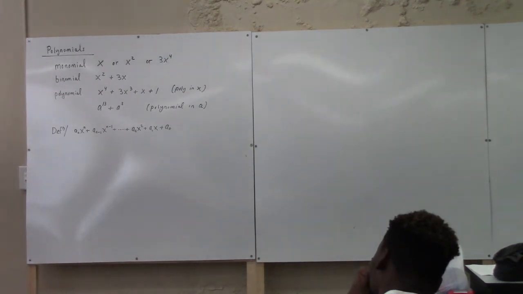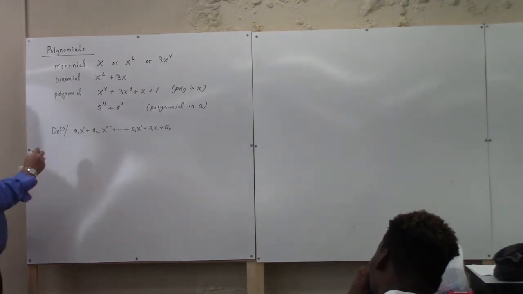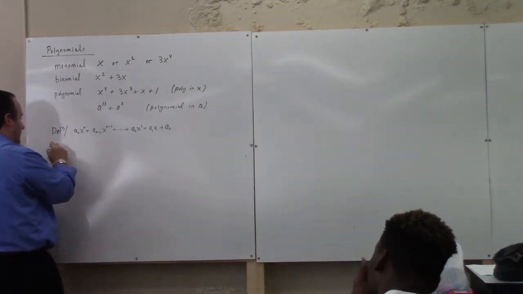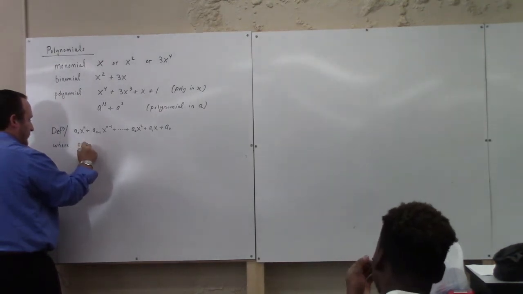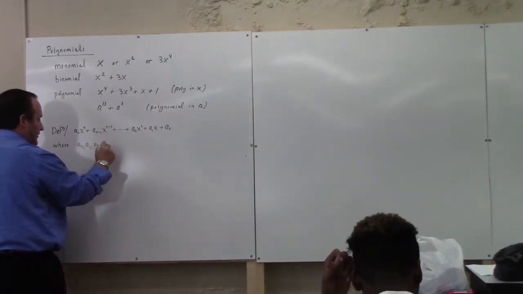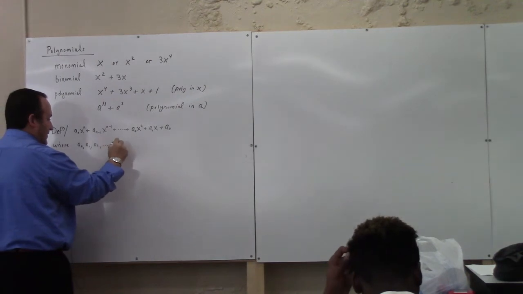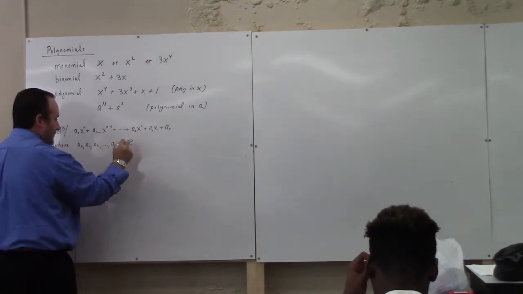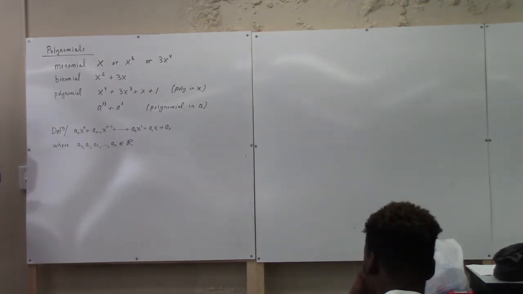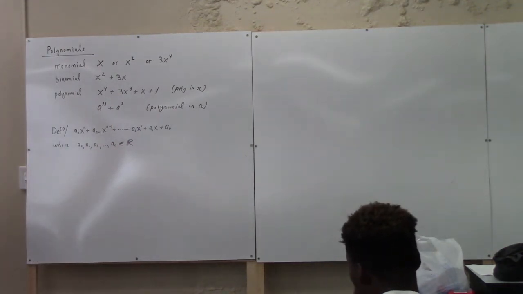This is a polynomial. All right, let me be more specific. Where a0, a1, a2, all the way on out to a sub n, these are all elements of the real numbers. These are called the coefficients of the polynomial. All right, the coefficients.